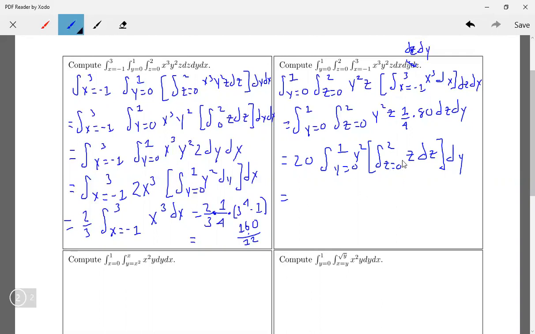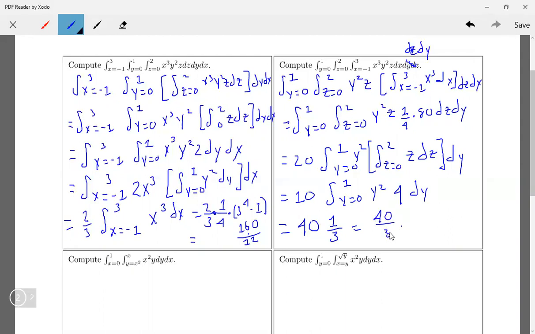So I'm going to go ahead and factor out the 1/2 and divide the 20 to get a 10. This is the integral y is equal to 0 to 1 of y squared. And this is going to be equal to 4 because z squared goes from 0 to 2. So this is 4 dy. And this is going to be 40. Now the antiderivative of y squared is y cubed over 3. So let me divide by 3, and we're going to go from y is equal to 0 to y is equal to 1. So this is the final answer, 40 over 3.